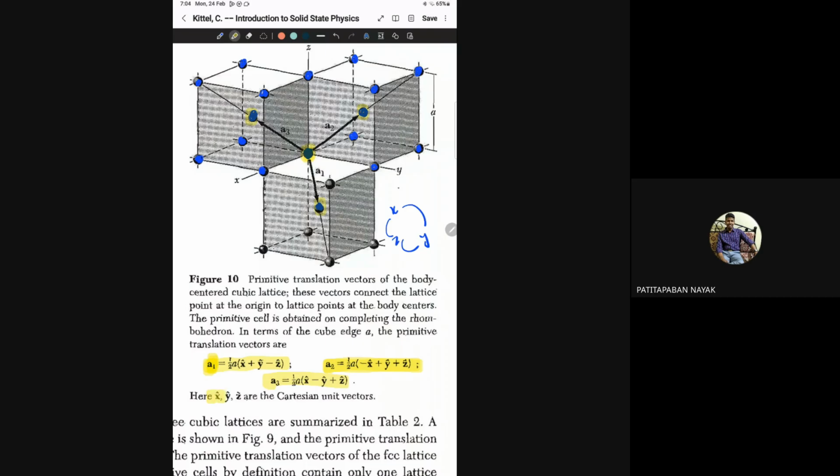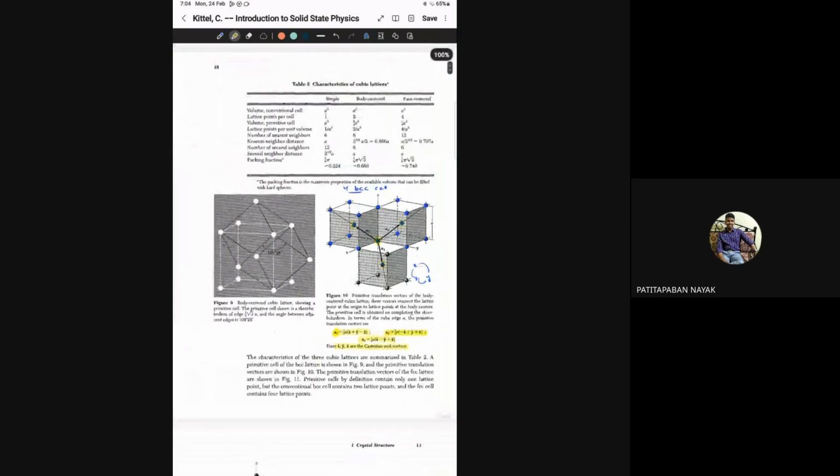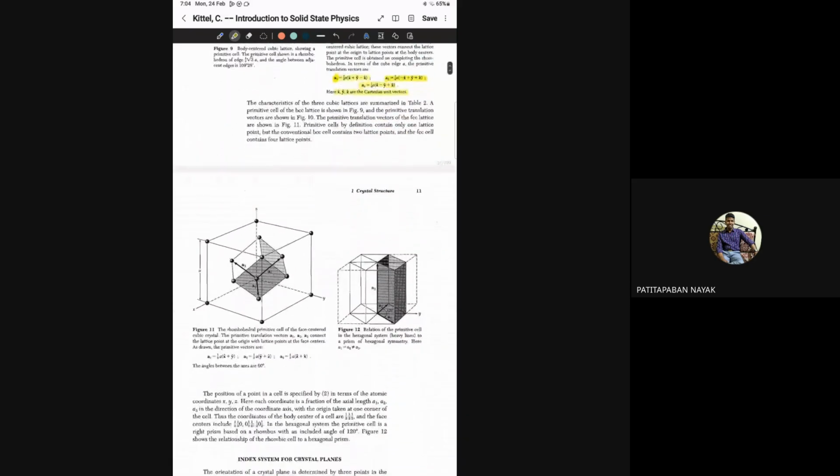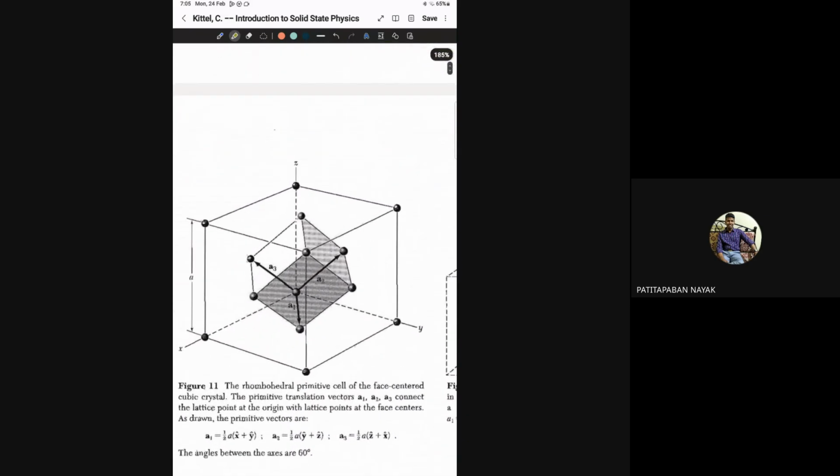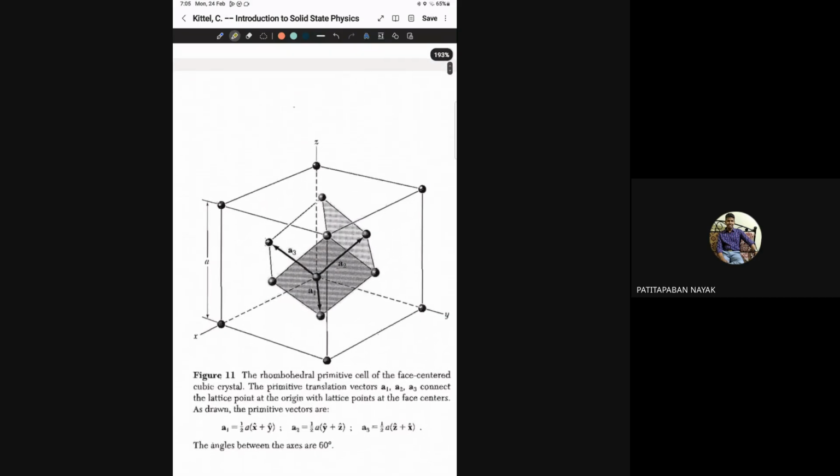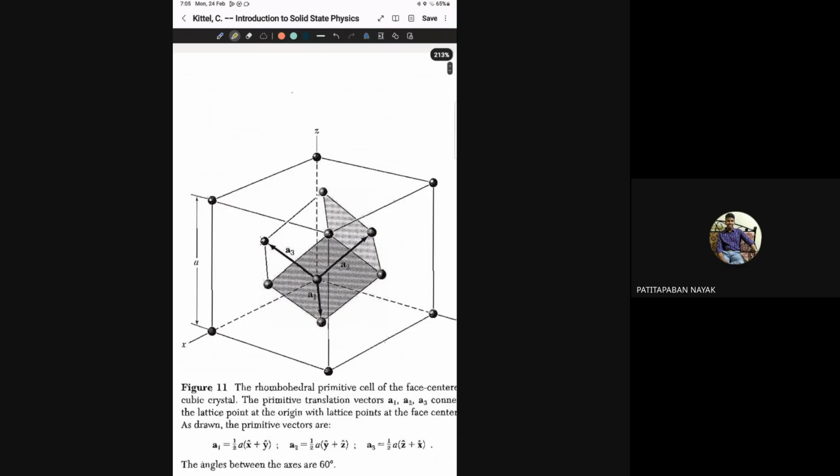Where x cap, y cap, z cap are Cartesian unit vectors. Okay. So similarly, if you go to this picture, this is a face-centered cubic. As you can see, I'll try to explain.